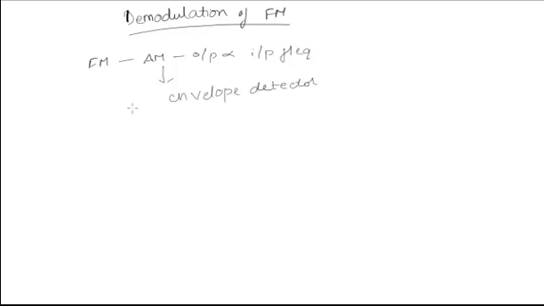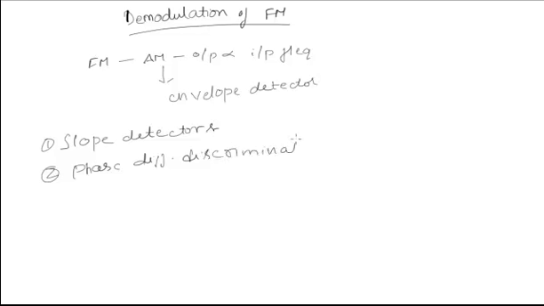Demodulation can be done in two ways. One is by using slope detectors and the other by using phase difference discriminators. In the case of slope detectors, we follow two different methods.